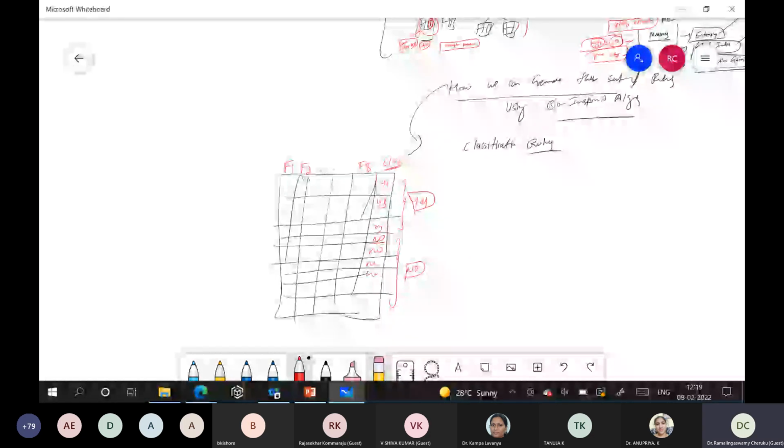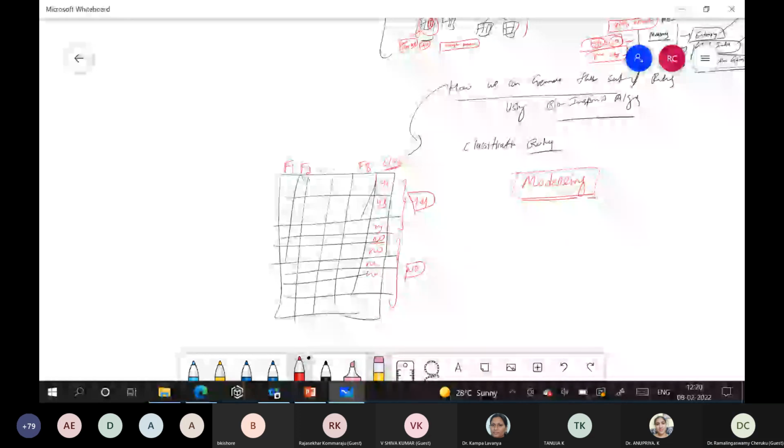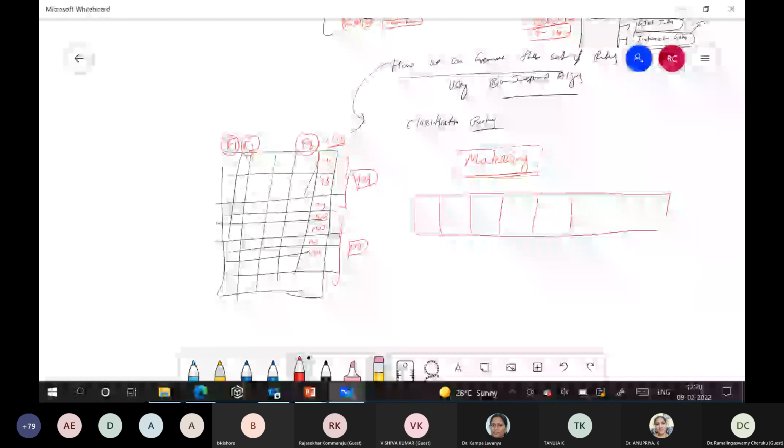Now, if I want to attempt this problem using a bio-inspired algorithm, first you have to model it. So this is called modeling. In this modeling process, you have to choose the features which are part of the rule.